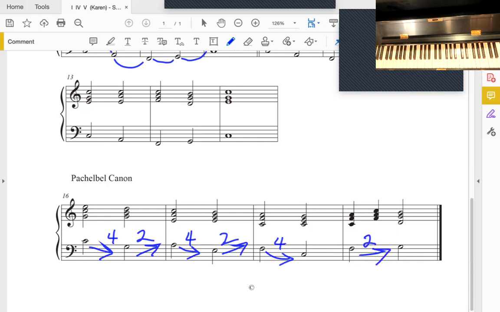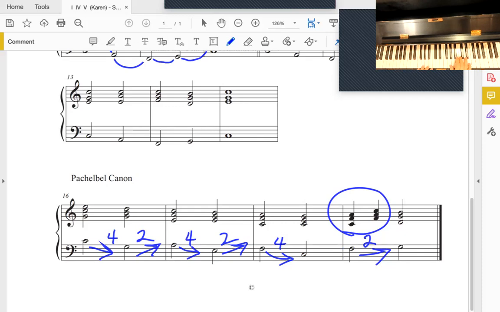Now, when it goes up a step, what I did here was I changed the disposition of the right hand. When you play, as I showed you before, a single chord and you move it around like that, you're changing the voicing, but you're not changing the chord, and you're not changing the note that's in the bass, so you're not changing the position. These are all root position chords.